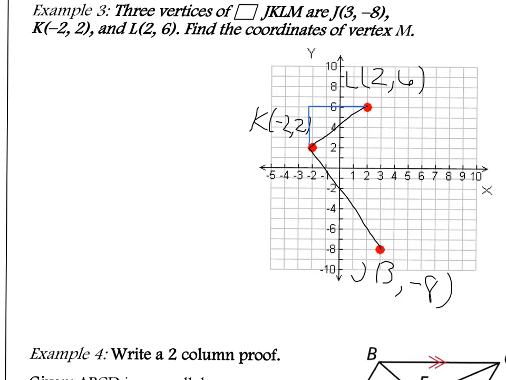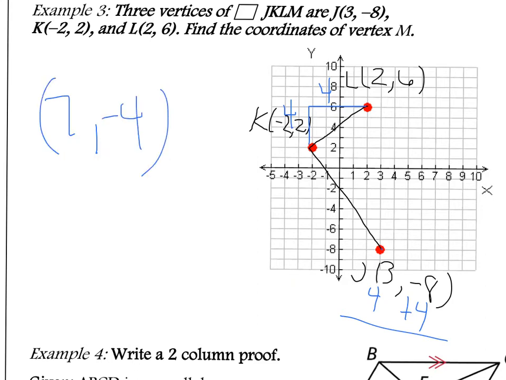All right, so from K to L, from 2 to 6, I went up 4, and from -2 to 2, I went over 4. So from J, I'm just going to do the exact same thing. So if I go up 4 over 4, that puts me at 7, -4.